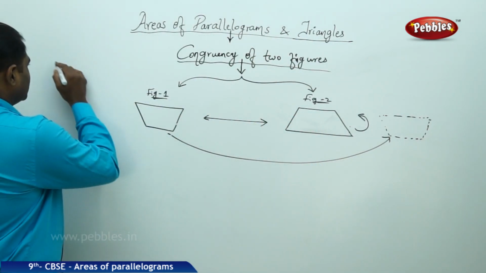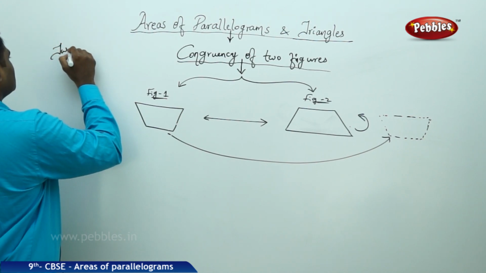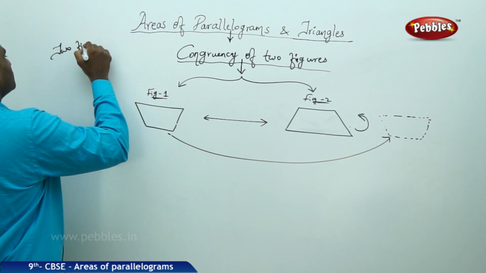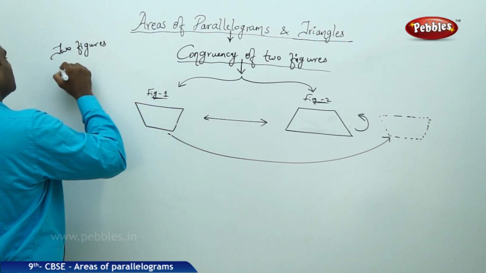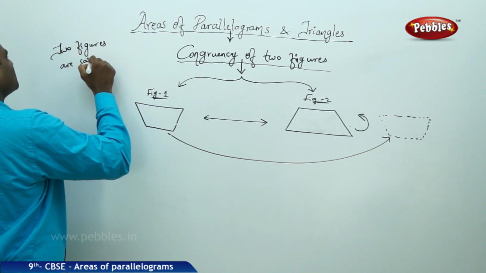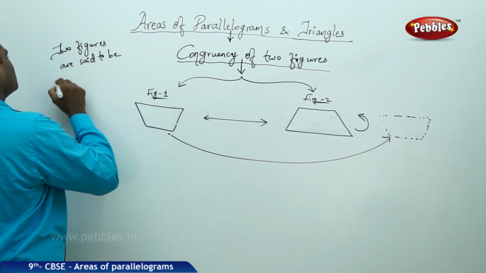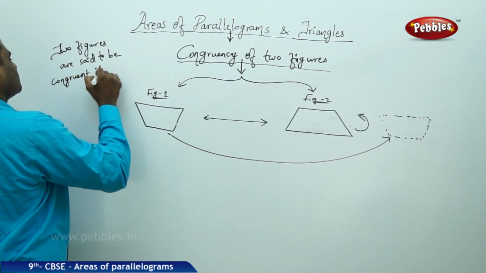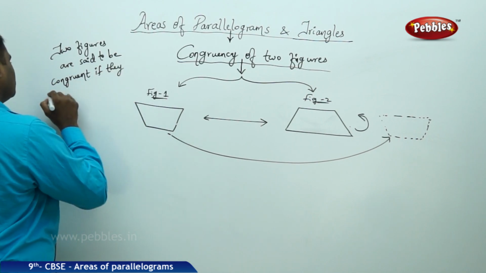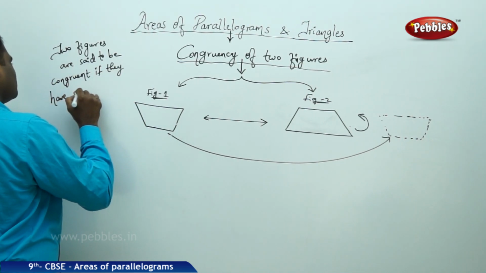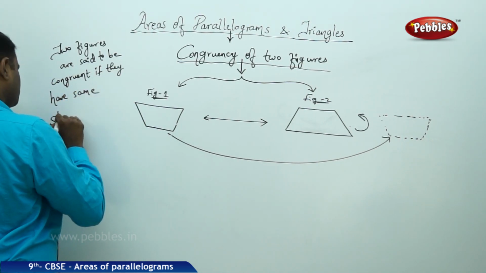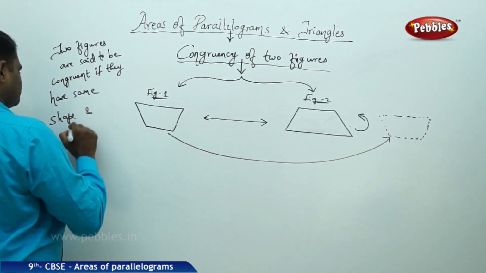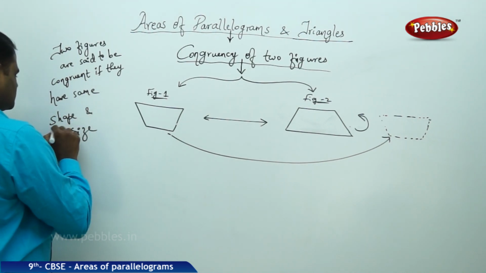So here I define two figures are said to be congruent if they have same shape and size.